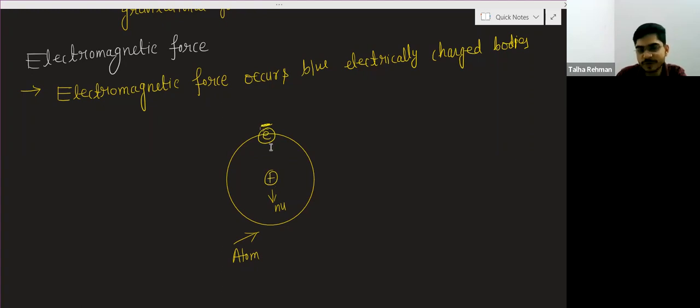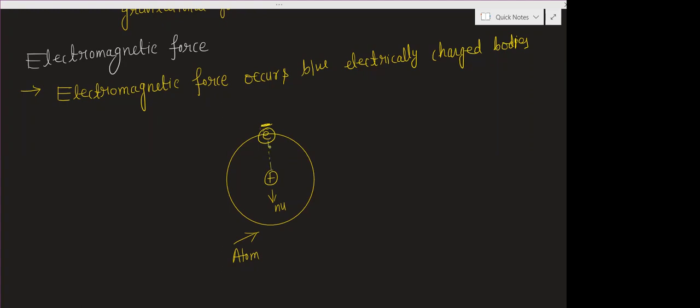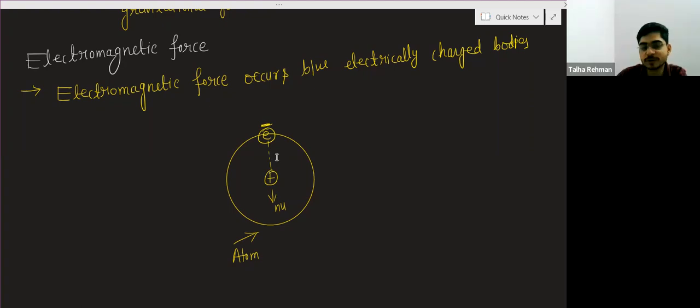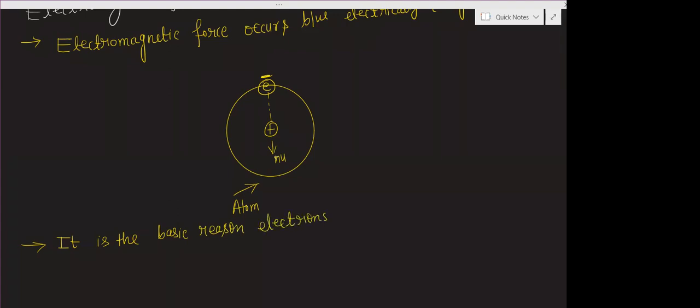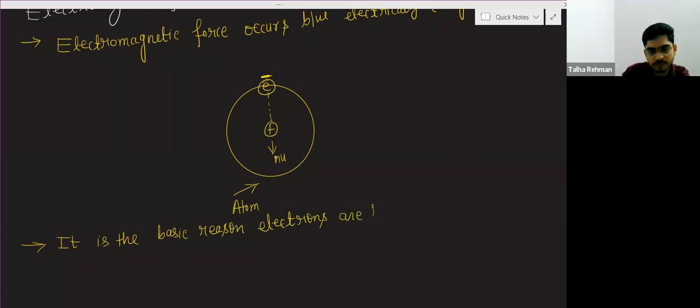So there is a force of attraction between the electron and the nucleus. This force is also the electromagnetic force. It is the basic reason electrons are bound to the nucleus.